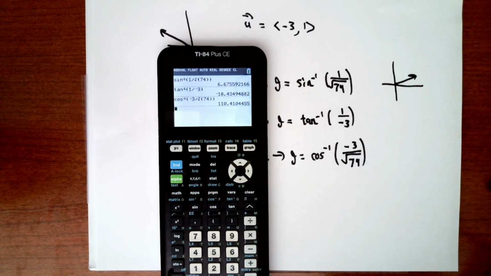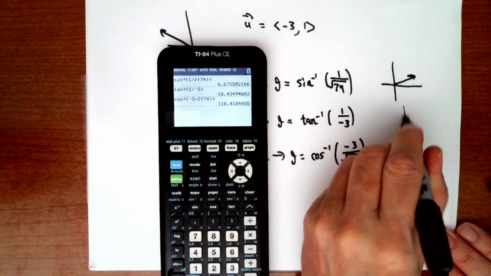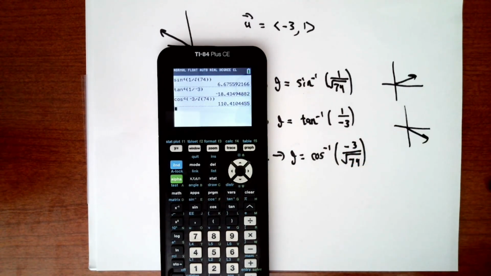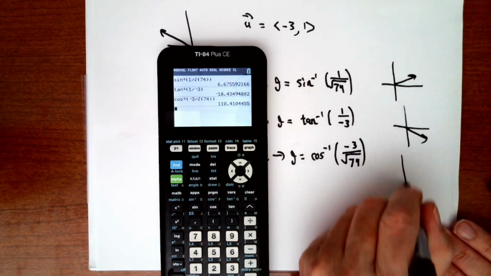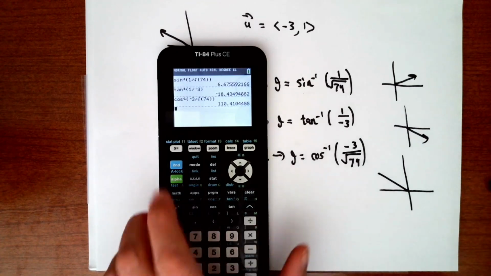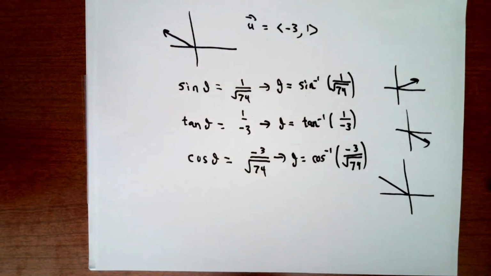The second try, using the inverse tangent, again incorrectly, gives an angle of -18.4 some odd degrees, which is also wrong because you're not pointing into the correct quadrant. The thing that I get when I use the inverse cosine, though, is 110.4 degrees, which points off into quadrant number 2, which is what you want.